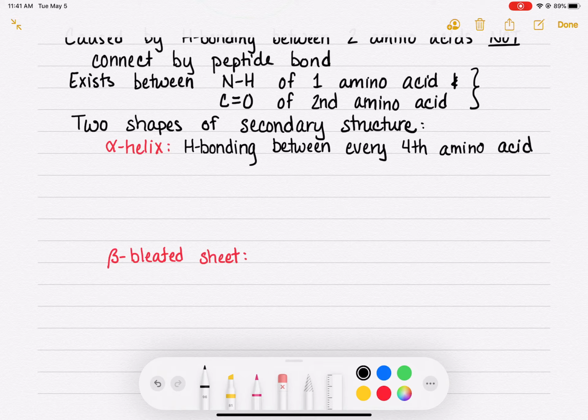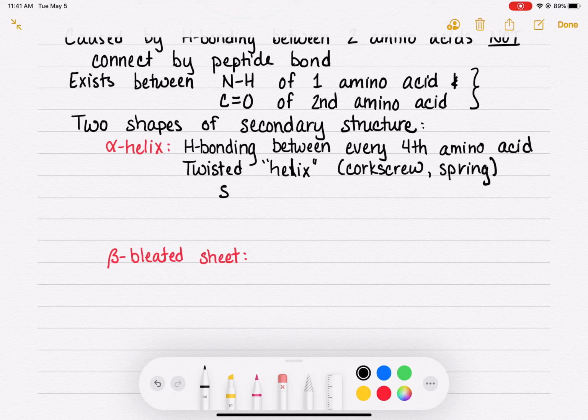And this causes a twisted shape, helix, but helix is not an everyday word, so maybe corkscrew or spring would be easier to visualize. Twisted, helix, corkscrew, spring shape.